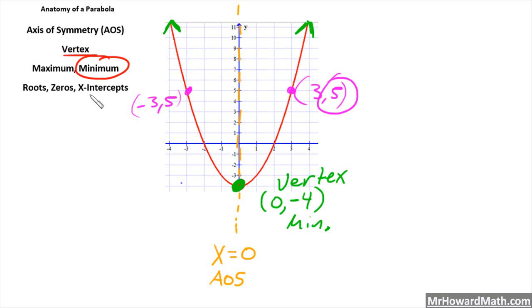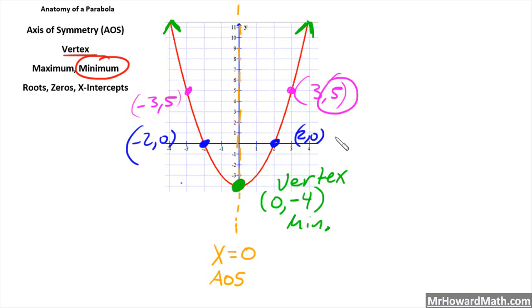Okay, next part, roots, zeros, x-intercepts. They're listed together because they mean the same thing. The easiest word to understand is the x-intercept. They all mean the same thing in this case, but x-intercept makes the most sense because it's where it intercepts the x-axis. It's where it crosses or touches the x-axis. So that would have roots, x-intercepts, and zeros of (2, 0) and (-2, 0).